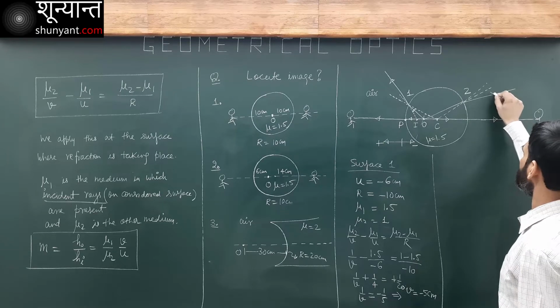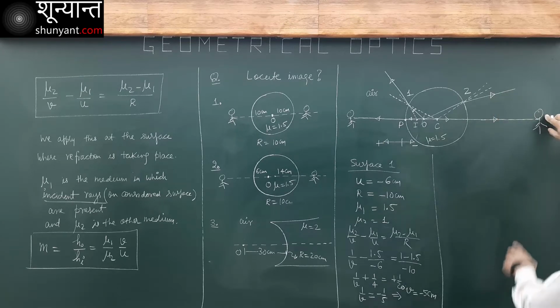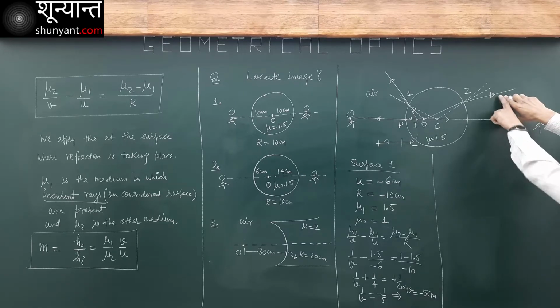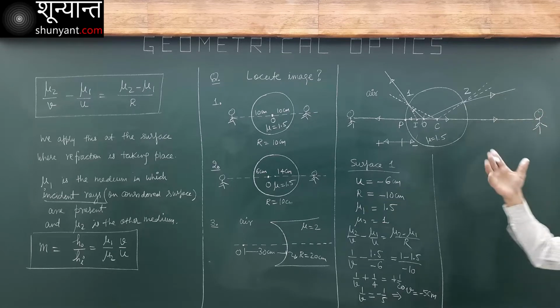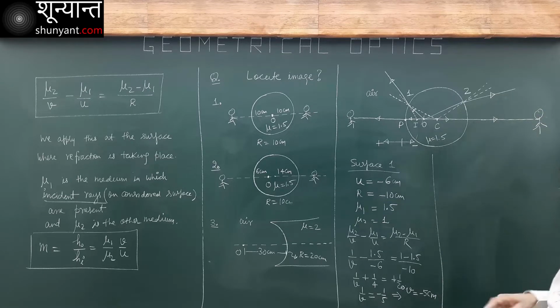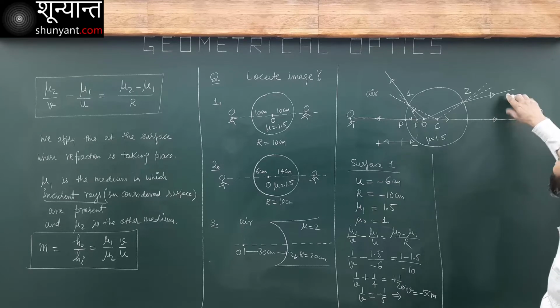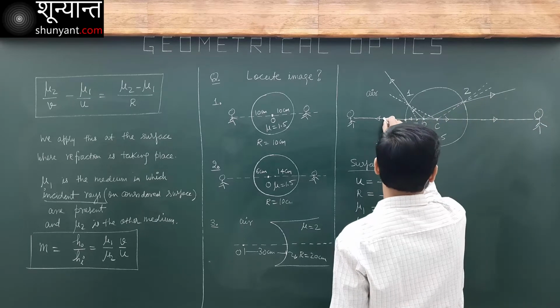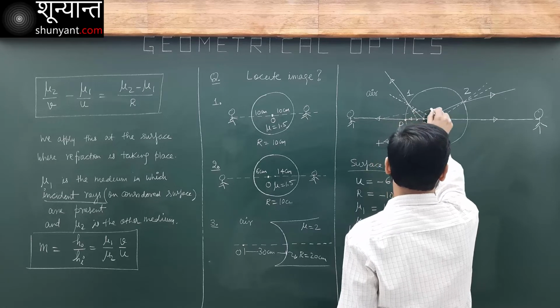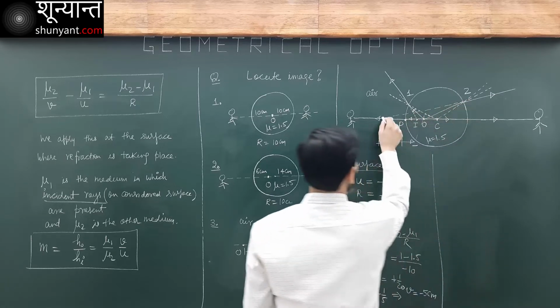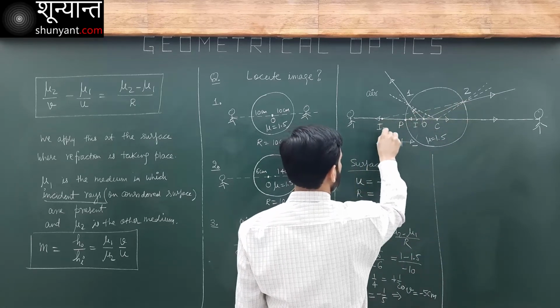It's like this. Now this person receives these two refracted lights and starts wondering where they are coming from. Then his mind gets to work and figures out that these two rays are coming from a point somewhere here. Then this becomes image I2.